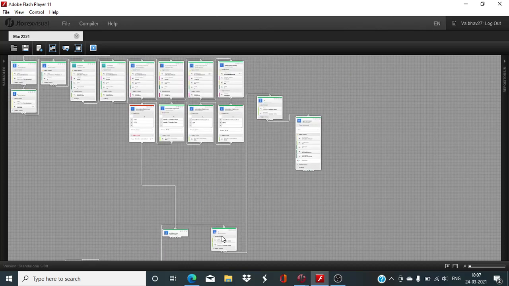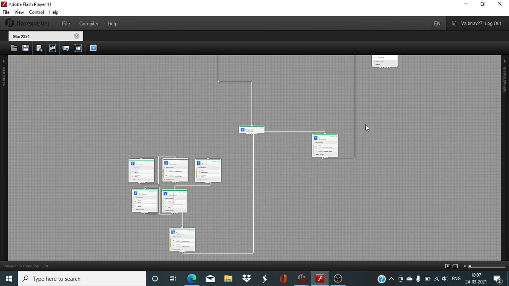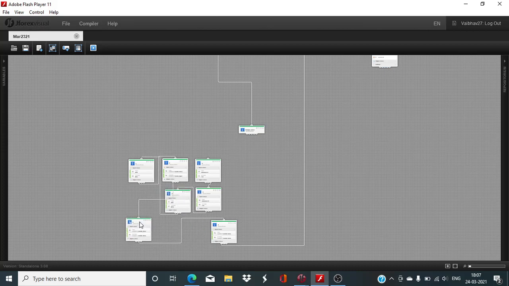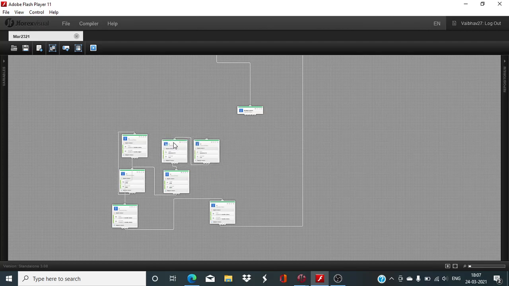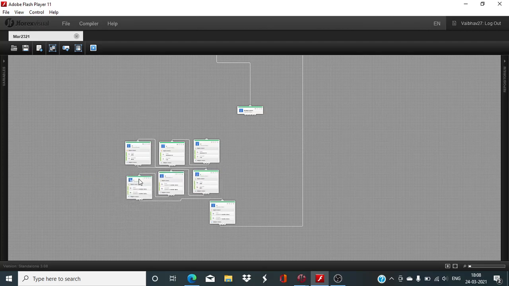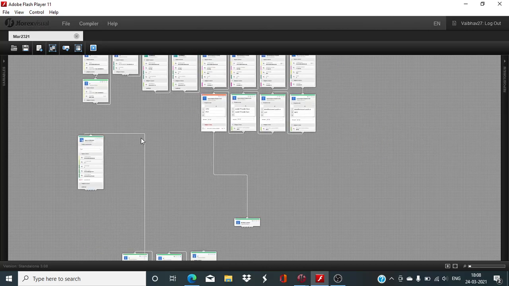Okay. This will be the proper order. And now we create a new variable for stop loss.